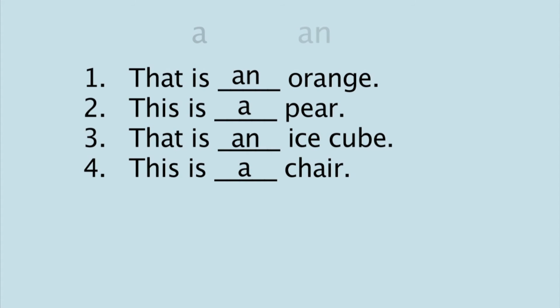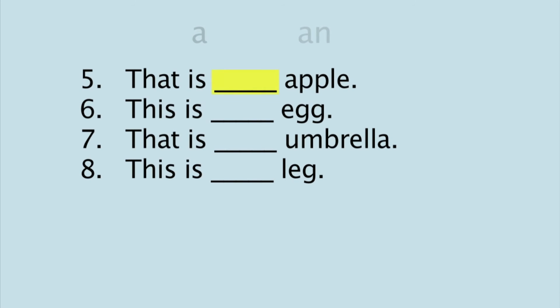This is a chair. That is an apple. This is an egg. That is an umbrella. This is a leg.